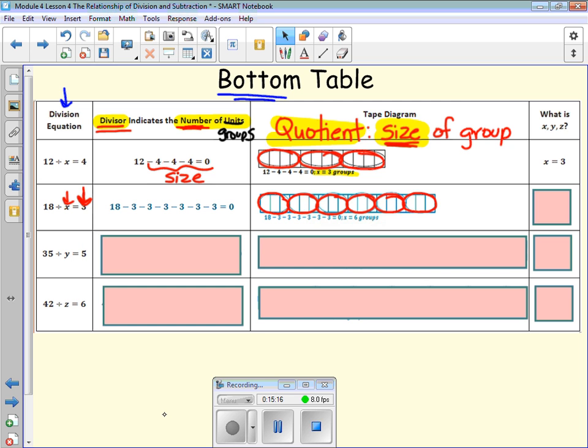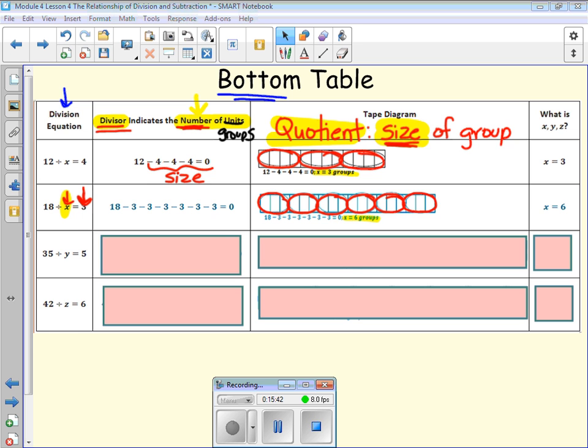So now I know that x equals 6 groups, because here my x was the number of groups. Remember, we're going to keep subtracting the size, and so I know the size of my group is 3. So I go at 18 minus 3 minus 3 minus 3 minus 3.